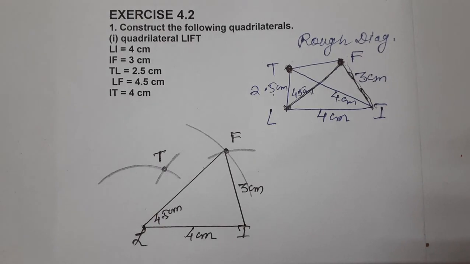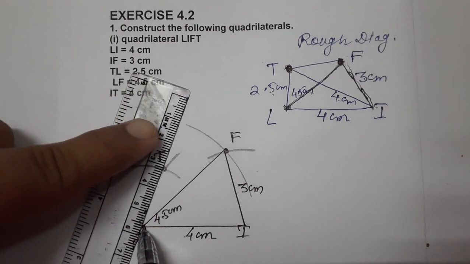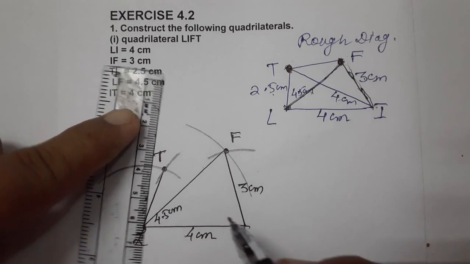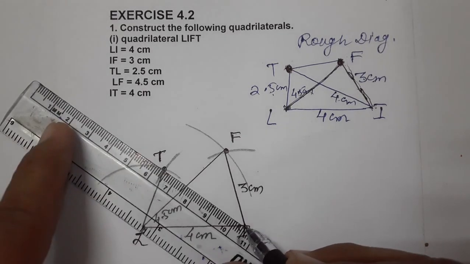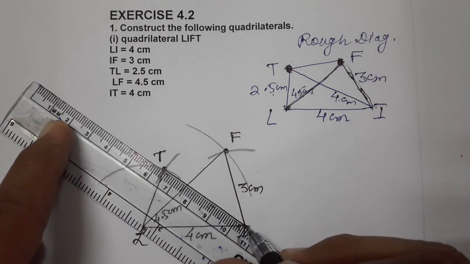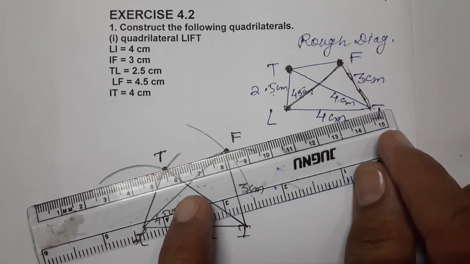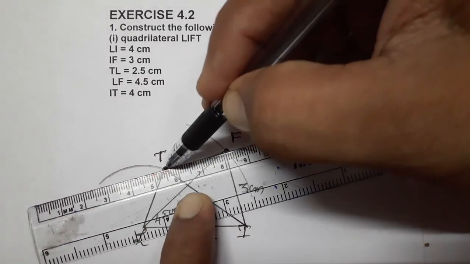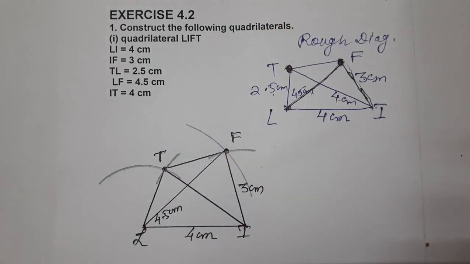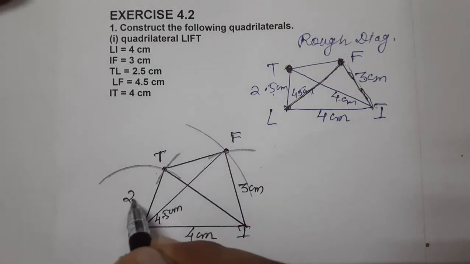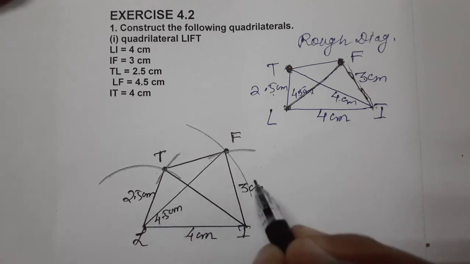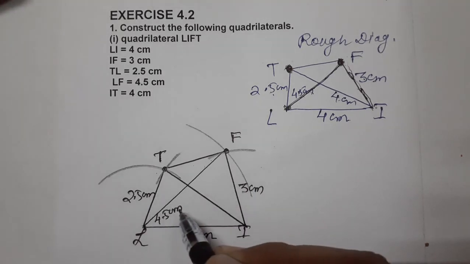Now join L to T, I to T and F to T. So children, we label everything: 2.5 centimeter, this is 3 centimeter, this is 4.5 centimeter.